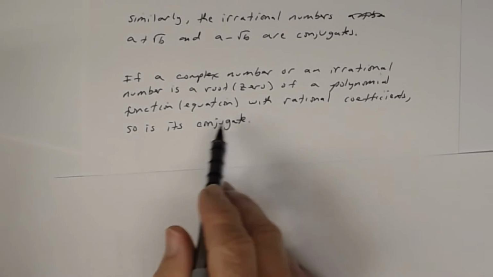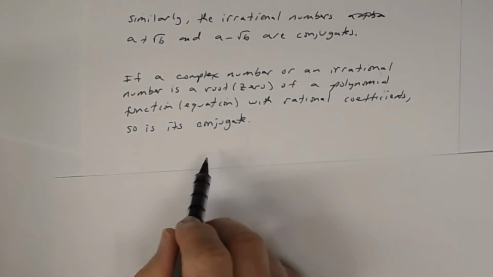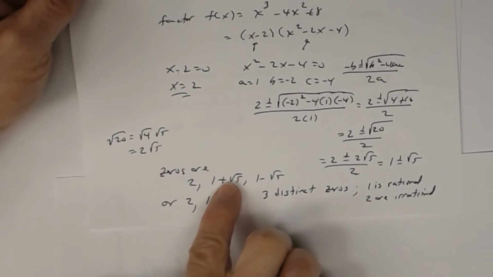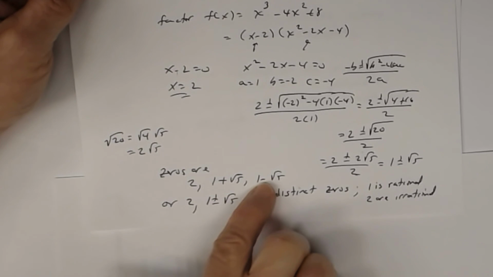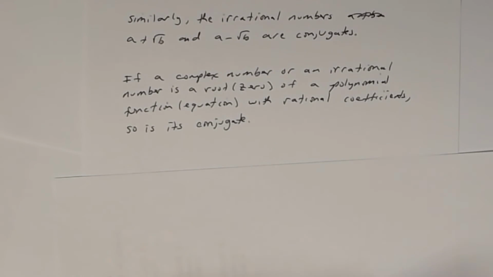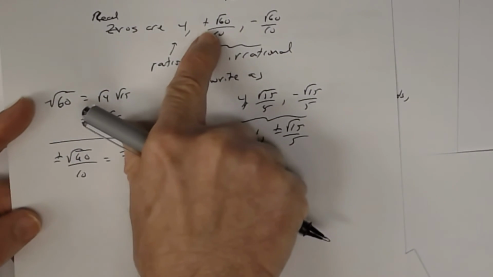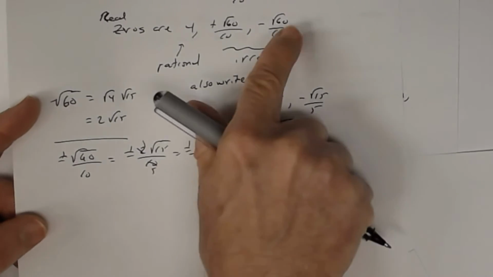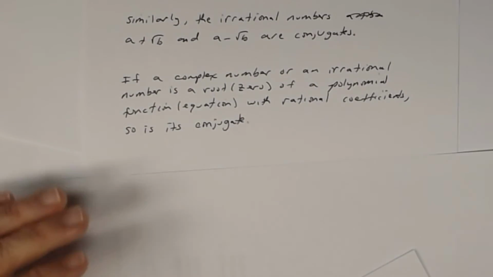With rational coefficients, so is its conjugate. So if 1 plus the square root of 5 is a zero, then 1 minus the square root of 5 is a zero. The one we just did, if square root of 60 divided by 10 is a zero, so is negative square root of 60 divided by 10. So that's what that says.